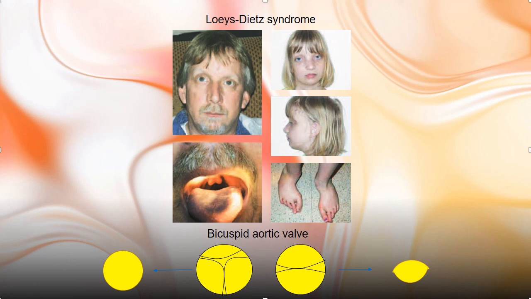Simply, the aortic valve has three cusps, but usually in some cases during intrauterine fetal life, two cusps fuse together, forming only two cusps, and thus the opening of the aortic valve during ventricular systole transforms from circular, which is large, into elliptical, which is smaller, and consequently aortic stenosis is produced.